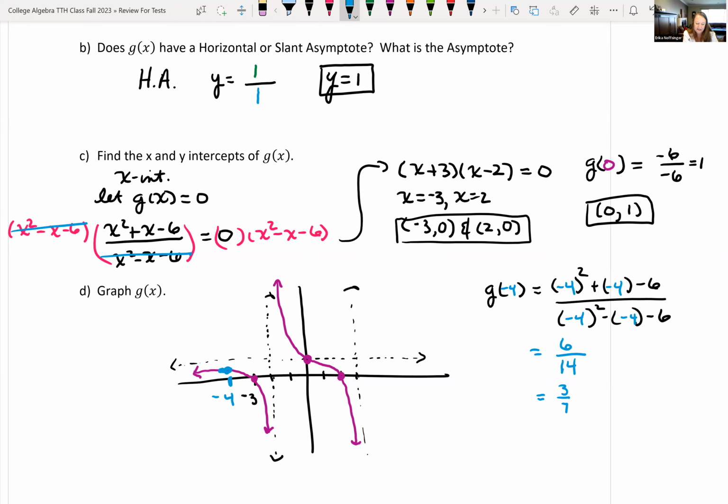I was going to say it looks like it's symmetrical, but it really isn't. So let's see what's happening on the right-hand side of our vertical asymptote x equals 3. My guess is that the shape is going to look like this just by where my asymptotes are. But we can state that really quickly by choosing a point to the right of x equals 3.